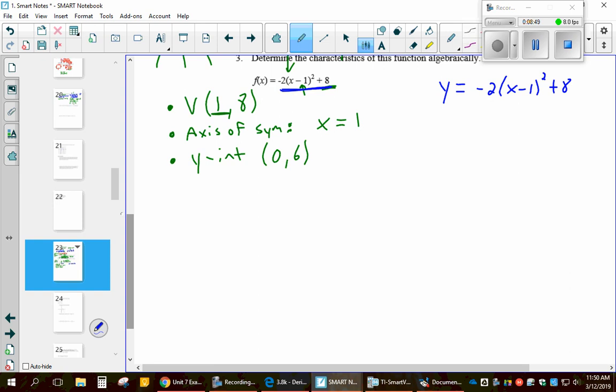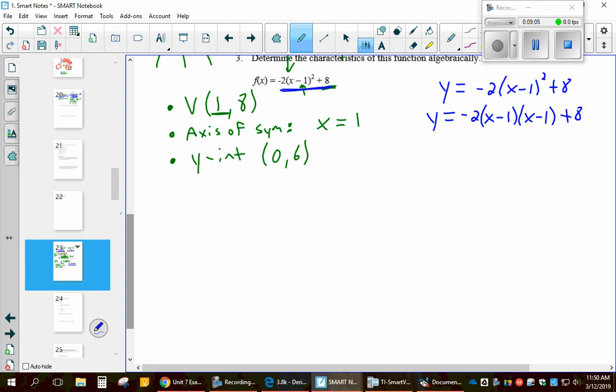So if I'm going to expand this, it's going to be y is equal to -2, and when I square something, I need to actually write it twice. You guys are all right with that?